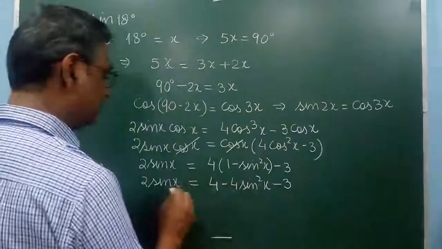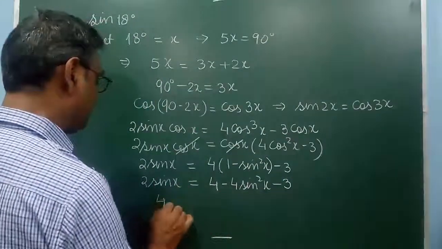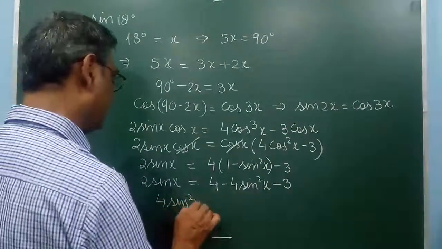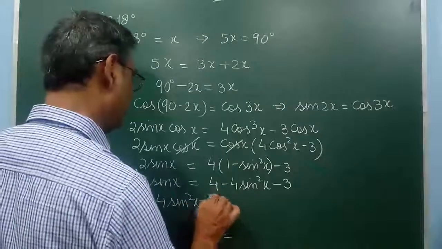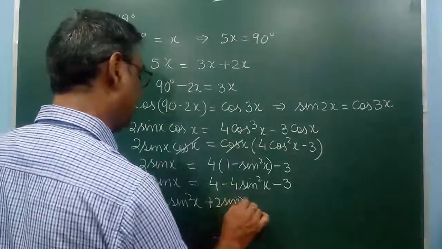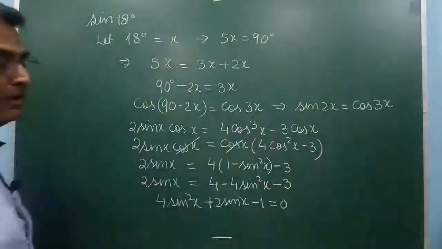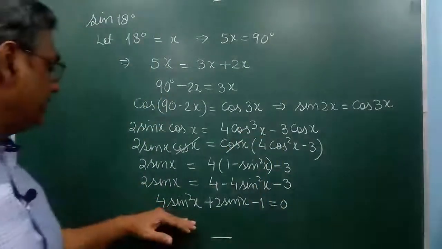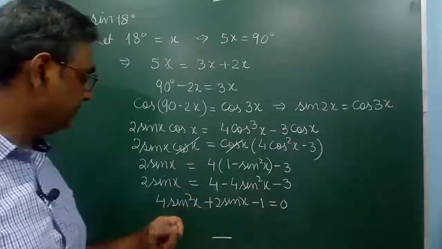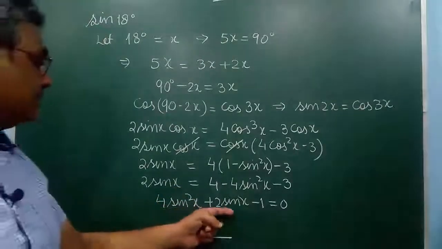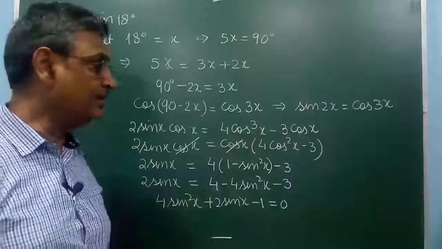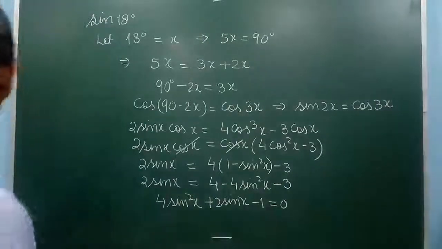We can bring all the terms to one side, means 4 sin square x minus 2 plus 2 sin x minus 1 equal to 0. So, we have got one quadratic equation in terms of sin x, that 4 sin square x plus 2 sin x minus 1 equal to 0.